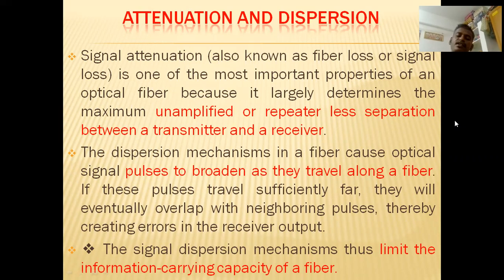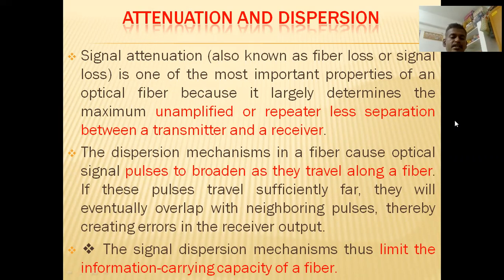Whenever losses occur, we have to use an amplifier or repeater. So signal attenuation defines the unamplified distance between source and destination, or transmitter and receiver.